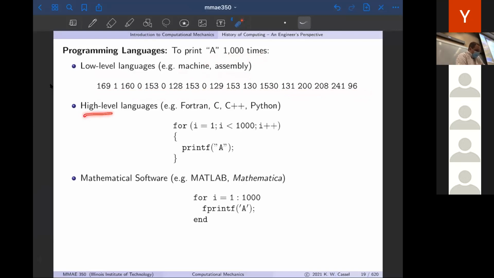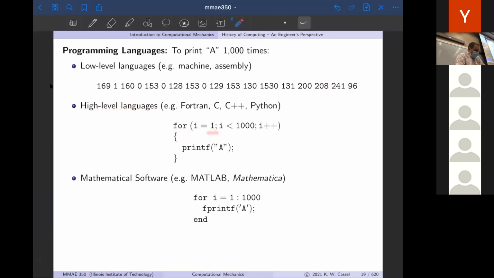Then we get to high-level languages, the first being Fortran, then came C, C++, now we have Python. These are all high-level languages, which means they look like English. There's still a particular syntax to them, a particular structure to the lines of code, and you have to put things in a certain order, but it's now readable. So there's a for statement.